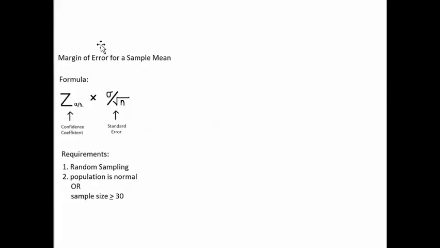So before we calculate the margin of error for a sample mean, let's look at the formula that we're going to need to use. We're going to need this confidence coefficient right here, which is the letter Z with this subscript right here. The subscript is actually alpha divided by 2. Don't worry about the subscript, it's just a notation.